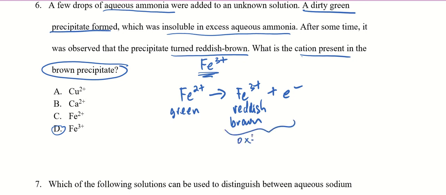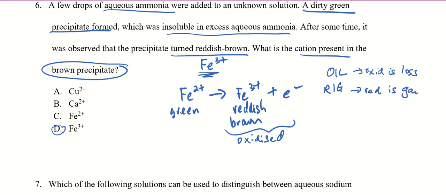It has been oxidized. So just remember, OIL RIG, if you can remember, OIL RIG means oxidation is a loss of electrons, while reduction is a gain in electrons.